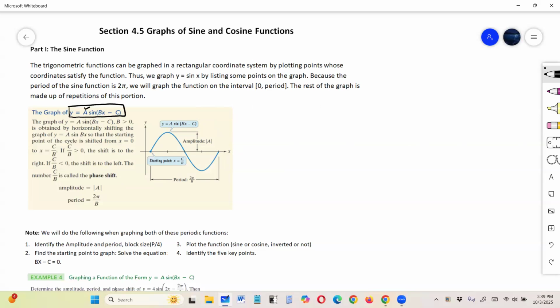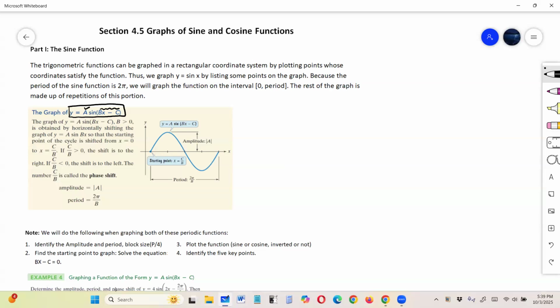A function that has a coefficient in front of sine, and it has this information inside of the angle. Okay, instead of graphing just sine x, we're going to be graphing A sine of (bx minus c), because this is the usual type of format that we see.